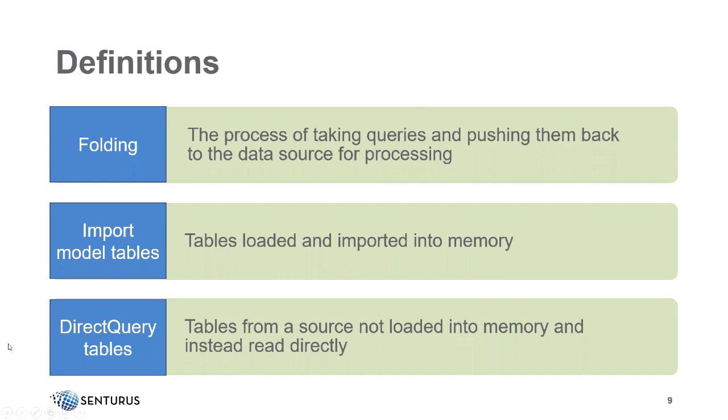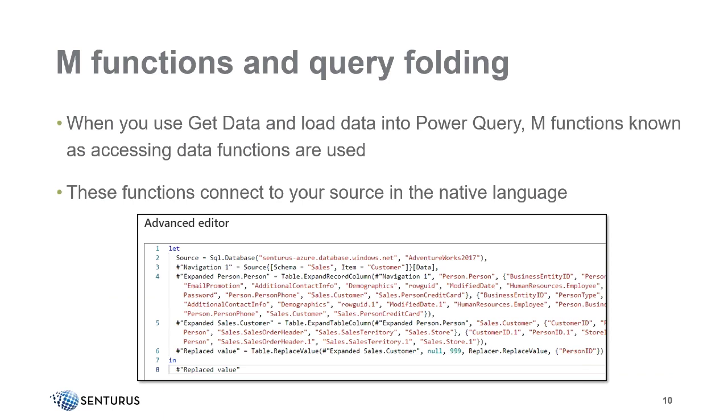Now, what am I talking about? What is this query that I'm talking about? So what we're talking about, where's my mouse? There you are. Here's what we're talking about. The M queries that you would see inside a Power Query. So when we use get data and we load data in, we're automatically using access data functions.